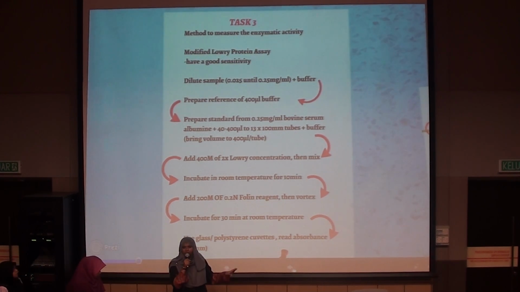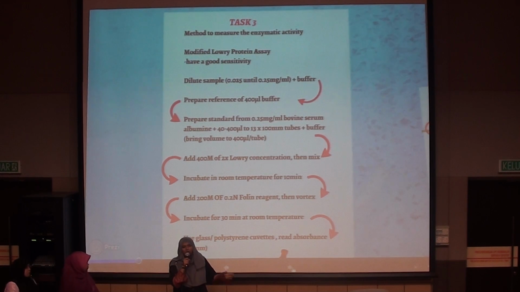So, why do we use the modified Lowry protein assay? As you know, the original Lowry protein assay can only withstand low temperatures, but the modified one can withstand room temperature. We can compare this with Coomassie-based assays, which can also be done at room temperature, so this gives us an advantage.